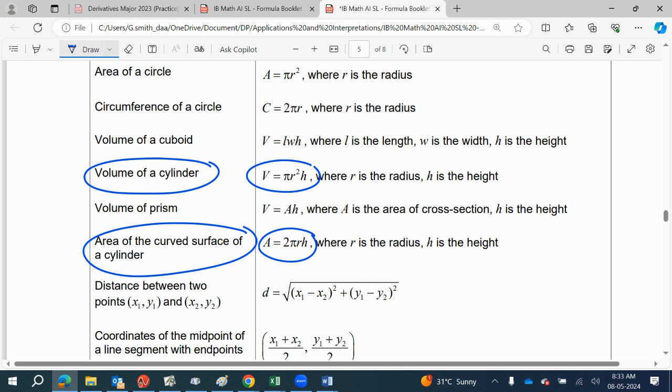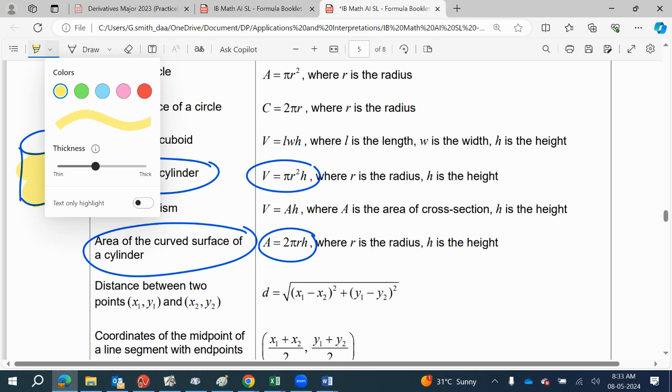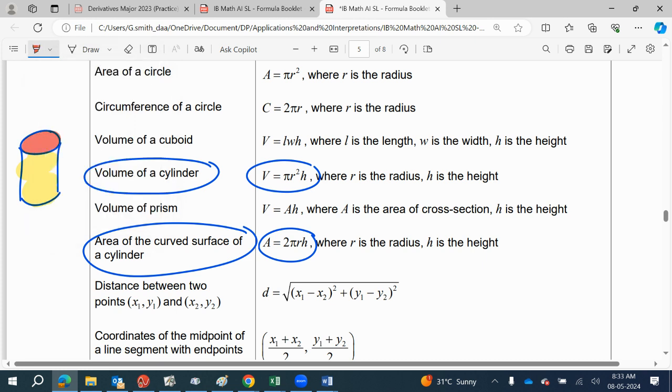But when you take a cylinder, the curved surface area of the cylinder is this bit. It is not giving you this bit. The red part of the cylinder is what shape? Circle. So you're going to need this one too. These formulas are the ones that we're going to need.